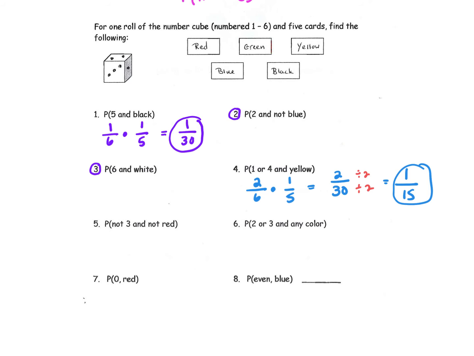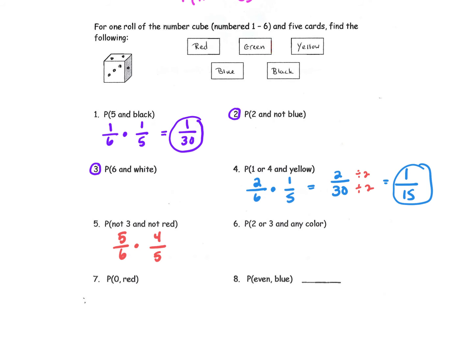So that would be 5 out of 6. And now this time it says not red. So I see 1 red card out of all these cards. So green, yellow, blue, and black are not red. So that is 4 cards out of 5 that are not red.